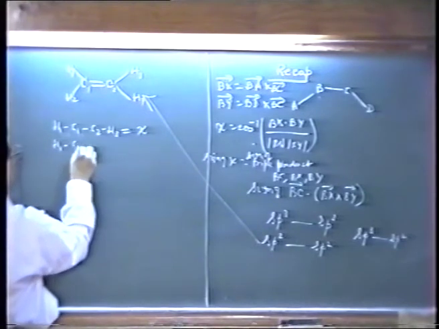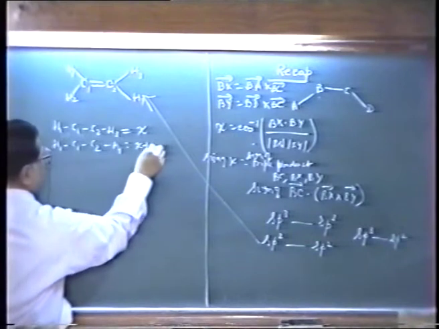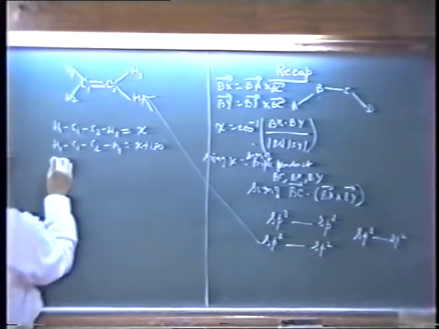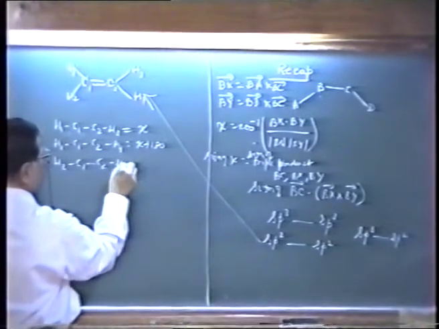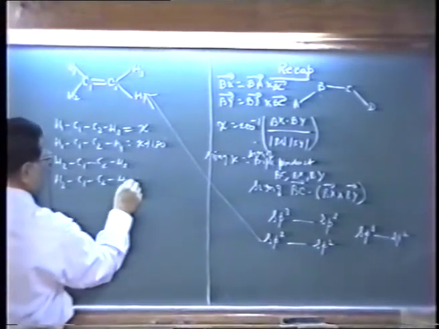Then H1, C1, C2, H4, we know, will be chi plus 180 because it is sp2. Now we are going to ask the question: H2, C1, C2, H3 and H2, C1, C2, H4.